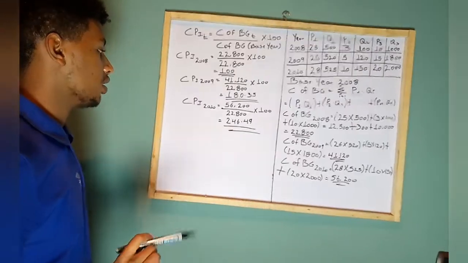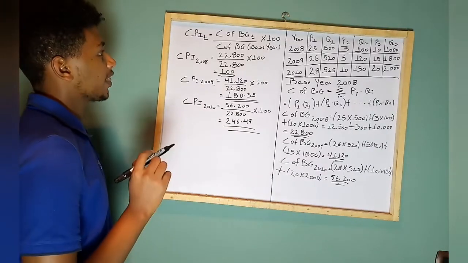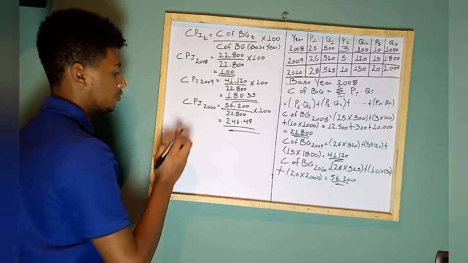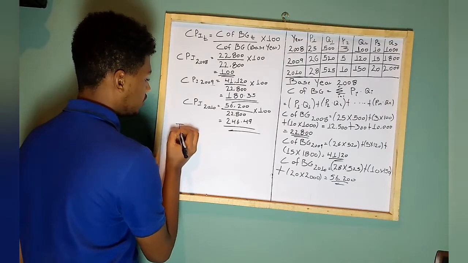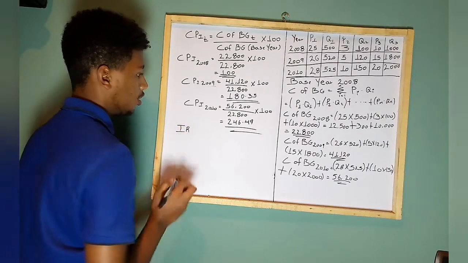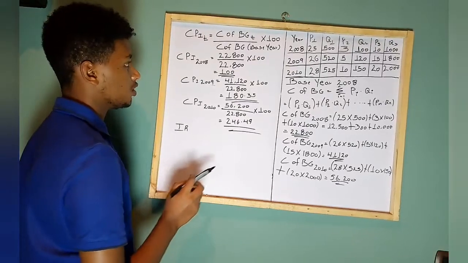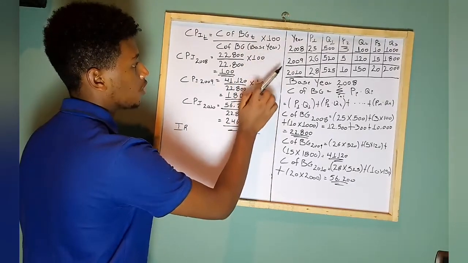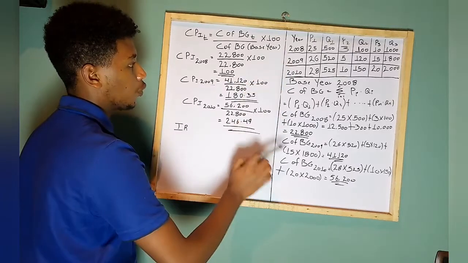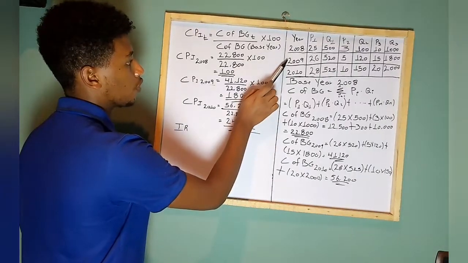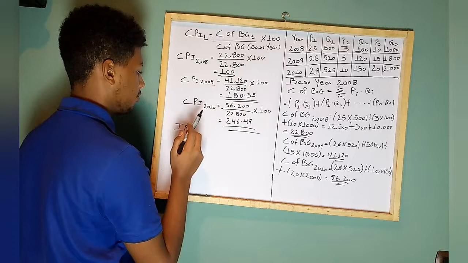The last step is calculating the inflation rate. The inflation rate is not calculated for the first year, but rather for the second and the rest. Therefore, we are going to calculate 2009 and 2010.